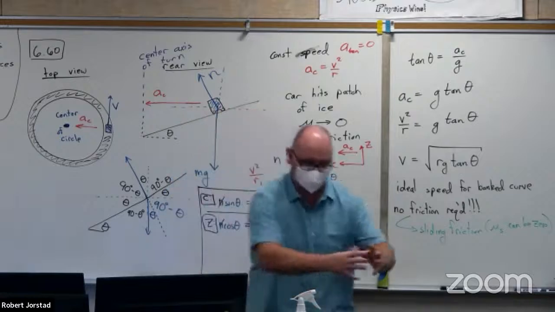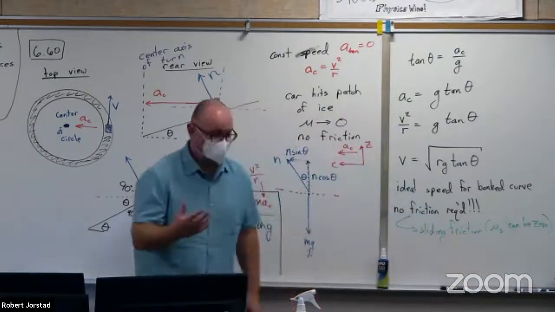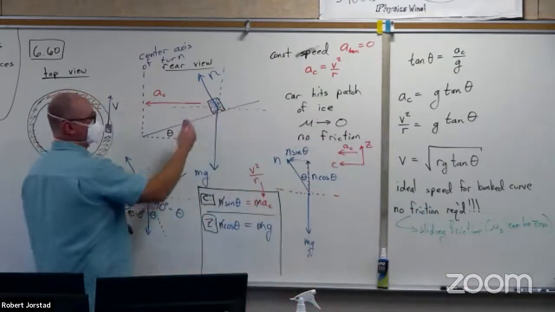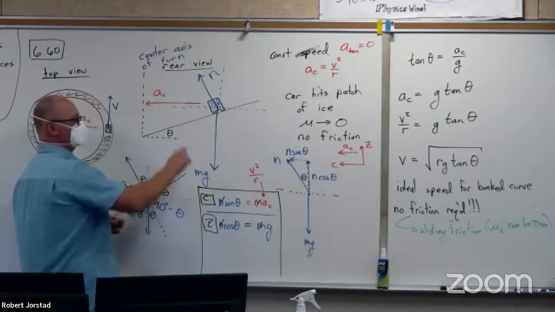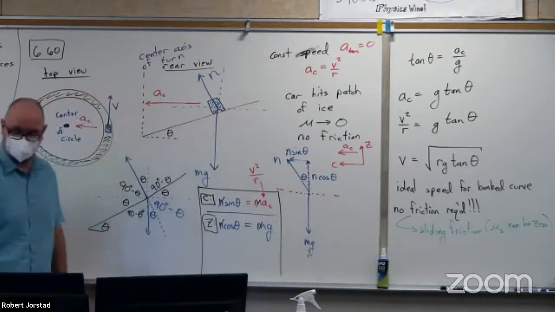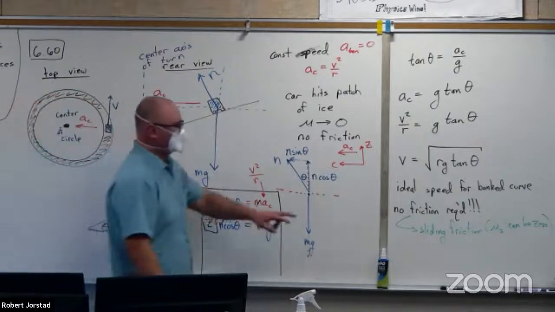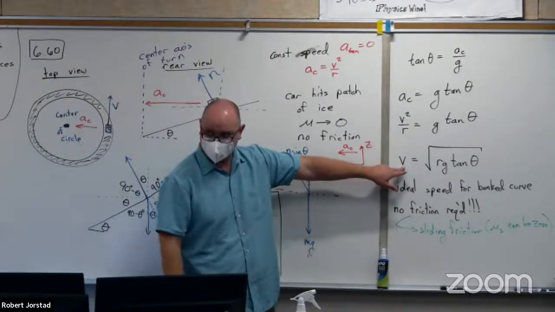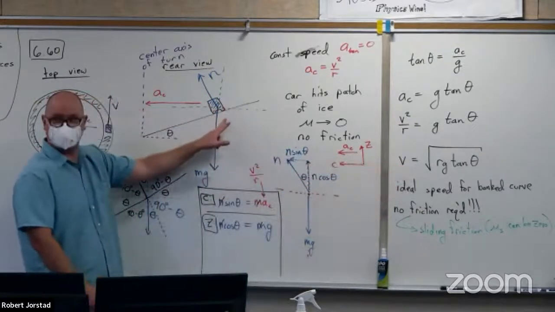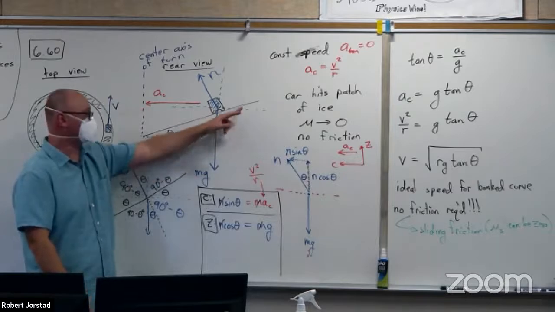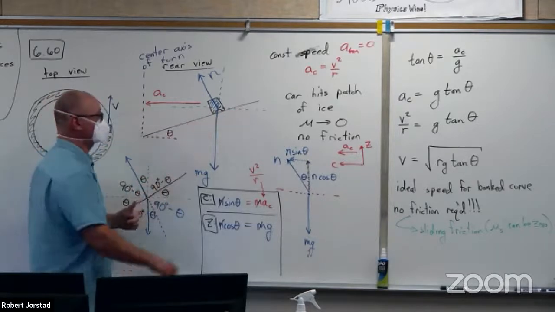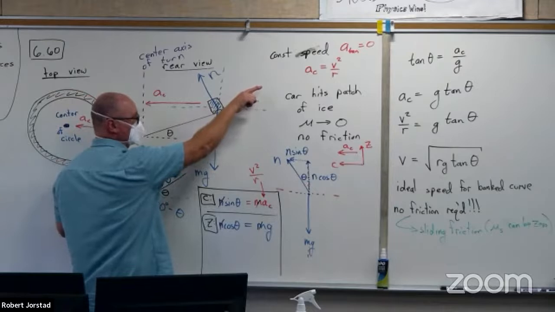Yeah, remember which flies off first? If there's not enough friction to stay in the circular motion, you slide outwards relative to the turn. So if you're going really fast, which way would friction point, up the plane or down the plane? If you're going too fast, you tend to go this way, therefore friction is down.